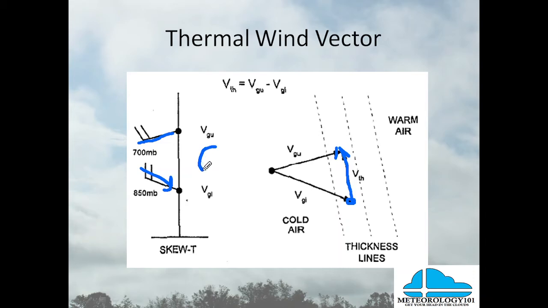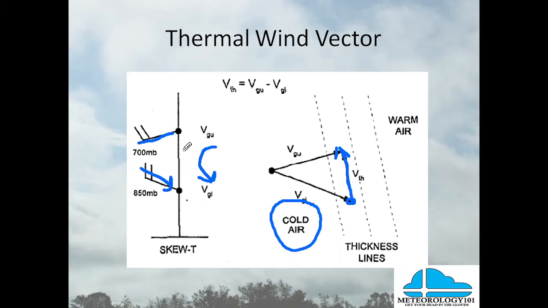So our wind is actually backing. So now that is an indication of the cold air advection. We'll get into that in just a second. So that's how you calculate a thermal wind with a thickness chart and based on those wind speeds.